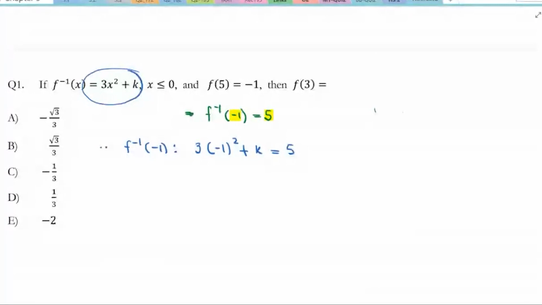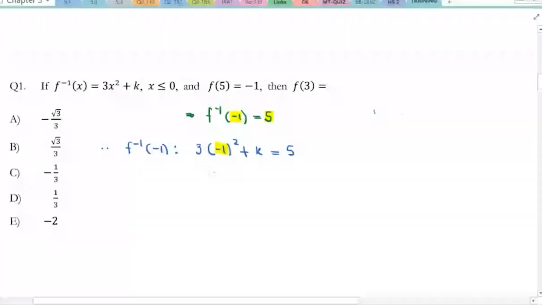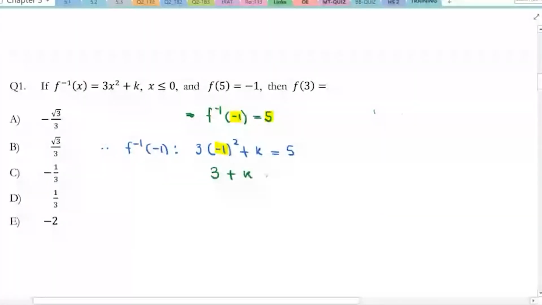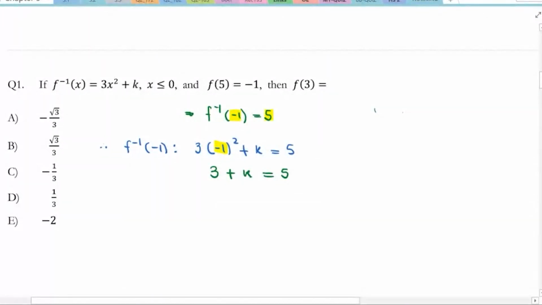Now, what do we do here? We can solve for k because that is what we are looking for. We don't know what k is, so we cannot determine the function without knowing k. So square both sides here. Take the square of this one. We have 3 into 1, so it's going to be 3 plus k is going to be equal to 5.